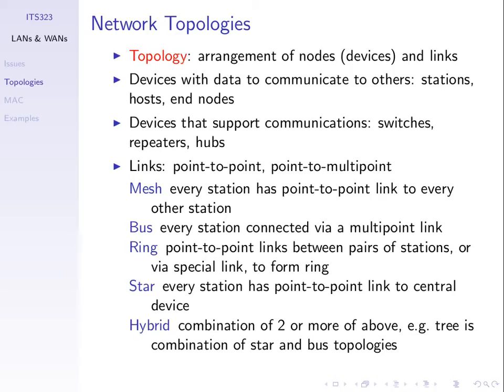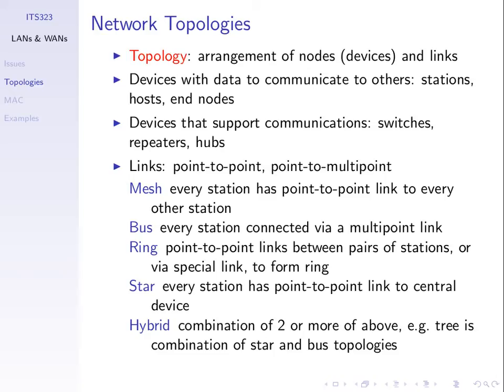The nodes or devices, well, we have 2 different types of devices in a network. The devices which have data to send. The data is created by some devices and sent to some devices. Sometimes we call them stations. So my laptop or my PC or your mobile phone can be called a station or a host or even an end node.